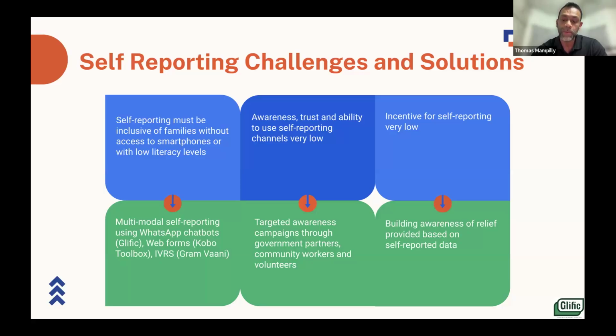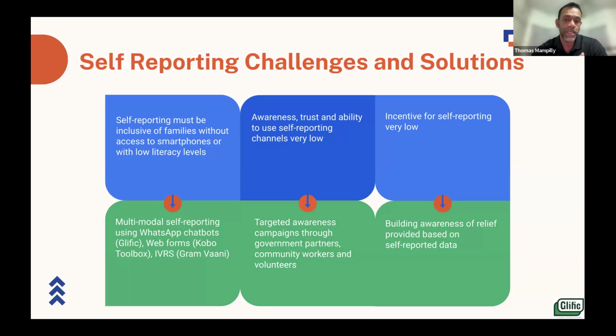enabling multimodal self-reporting. Those with high digital literacy and digital access can use WhatsApp. We use Glific as the platform there. Those with a slightly lower level of digital literacy, but who still have some kind of network connectivity, can use a phone.